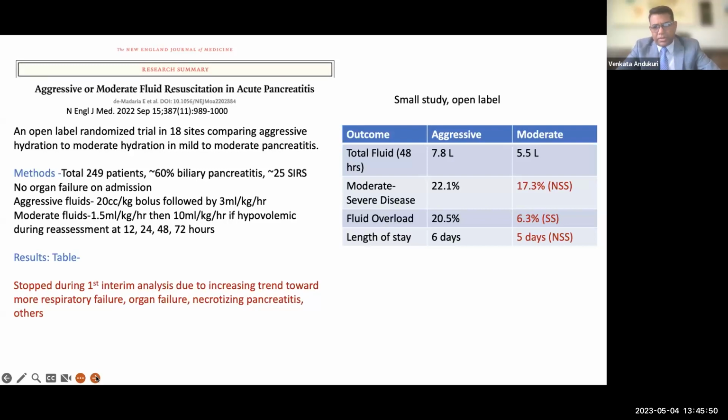Fluid overload was statistically significant, for an obvious reason, so we end up having to give them more diuresis later. The length of stay was 6 days in the aggressive arm, and 5 days in the moderate arm. This again was not statistically significant.